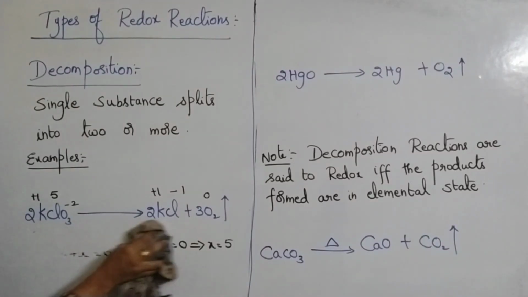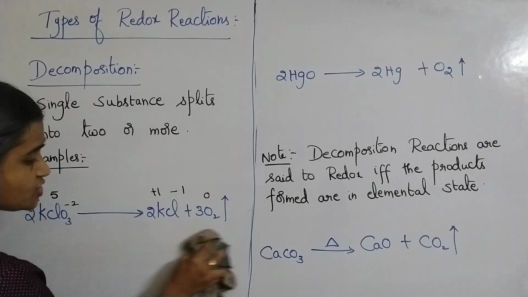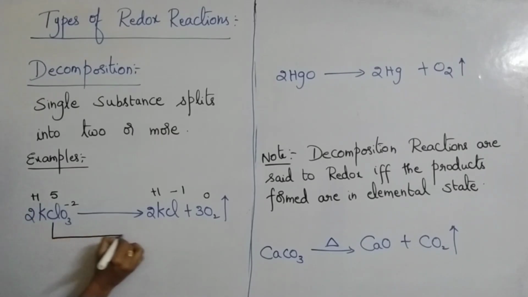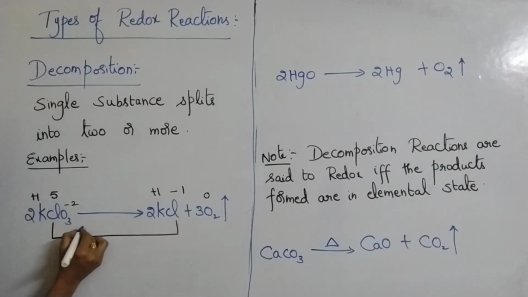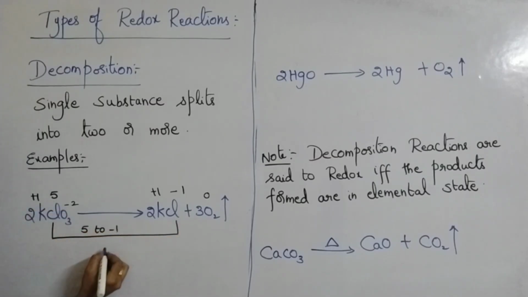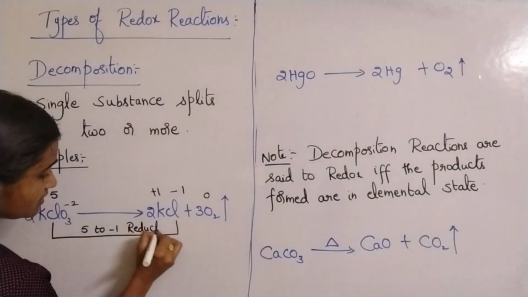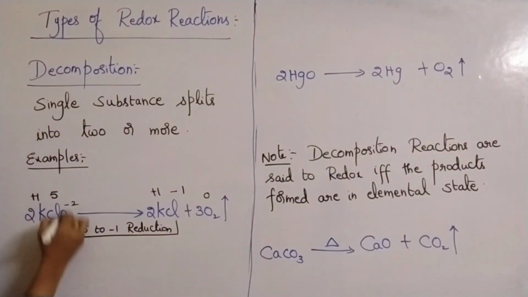Now if you compare the change in oxidation number from reactant side to product side, not only chlorine, chlorine and oxygen both have changed. Here chlorine goes from 5 to minus 1. 5 to minus 1 means reduction.